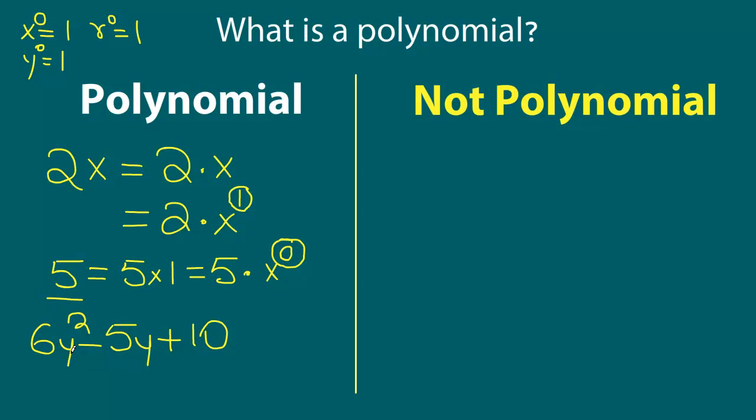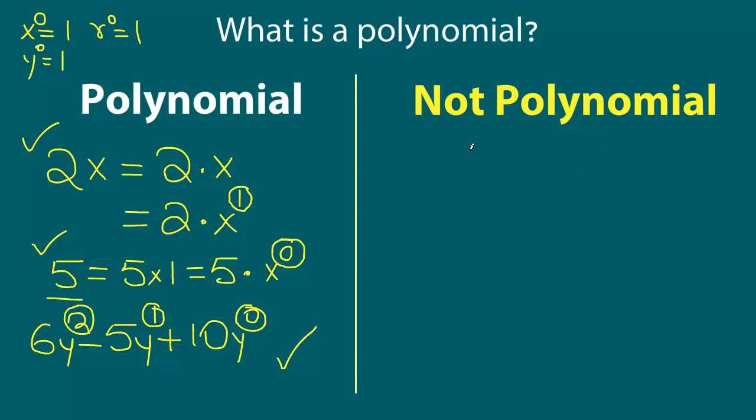So here the variable is raised to power 2, which is a whole number. Here the variable is raised to power 1, and here we can pretend that the variable is raised to power 0. So each of the variables is raised to a whole number. Hence, this is a polynomial. So these are all examples of polynomials.